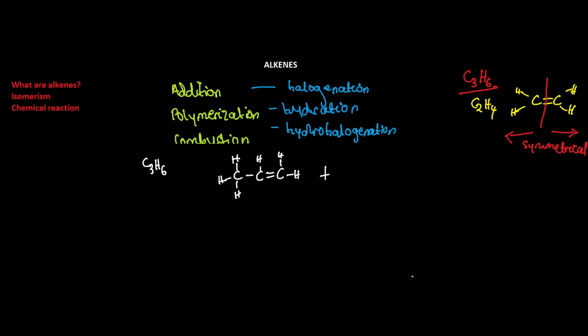Now, when this molecule undergoes a hydrohalogenation reaction, that is when a hydrogen halide is added to it. So let's take hydrogen chloride. Okay. Now, when hydrogen chloride is added to this particular molecule, of course, it's added across the double bond.